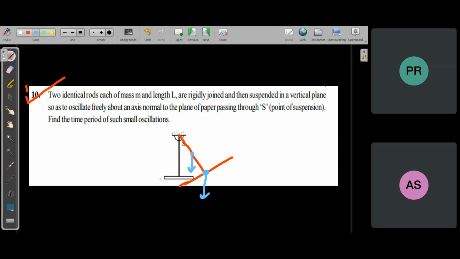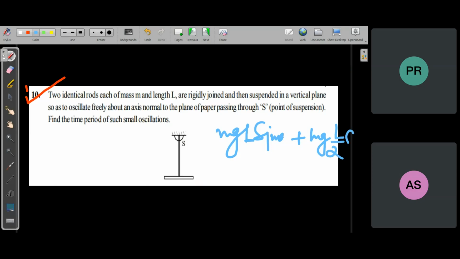Two terms you will get. Torque due to this plus torque due to this, both you will add separately. Both rod masses are identical, so you can take m. So no need to find the center of mass of the whole system. You can simply write mg into L sine theta plus mg into L by 2 sine theta. Are you getting? I'm getting, sir.